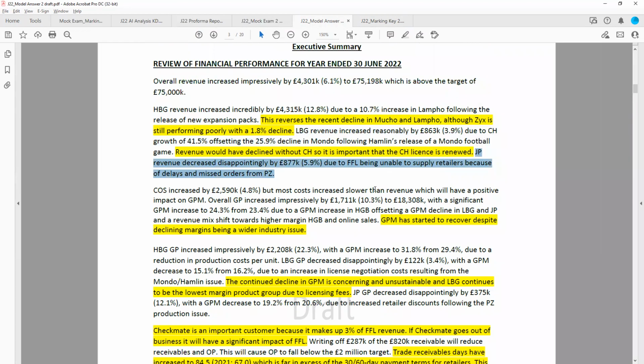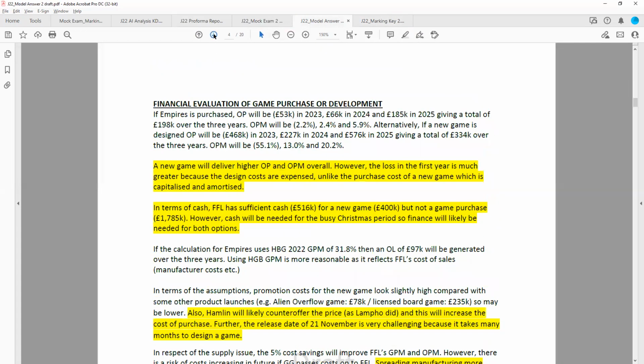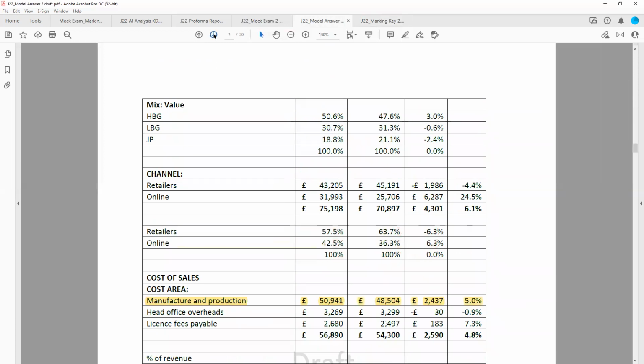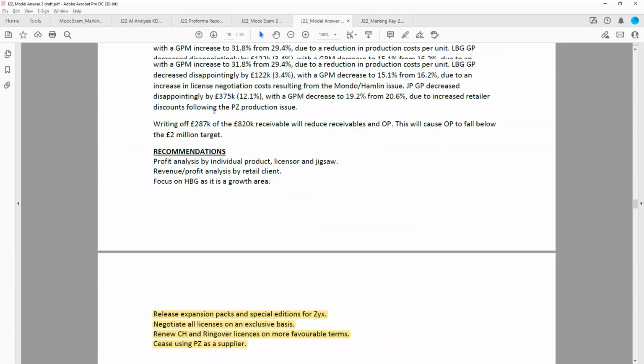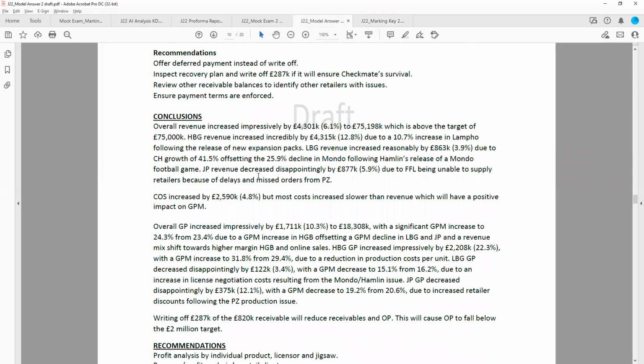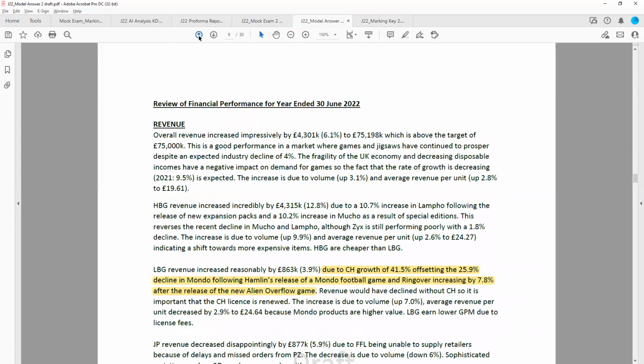But then what you need to do is you need to show a real skill here, because you then need to decide what other points should be in the exec summary. What else has happened during the year? Because remember, in our conclusions, all we had was a number and a brief reason. Number and a brief reason, that's all we had in our conclusions. Of course, we had all these interesting further analysis points that we identified.